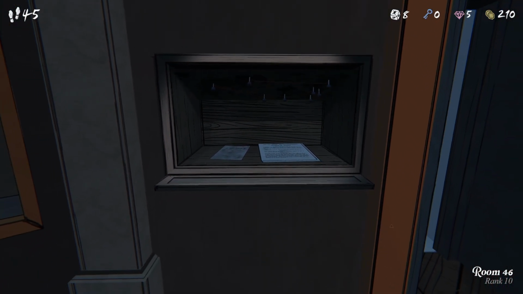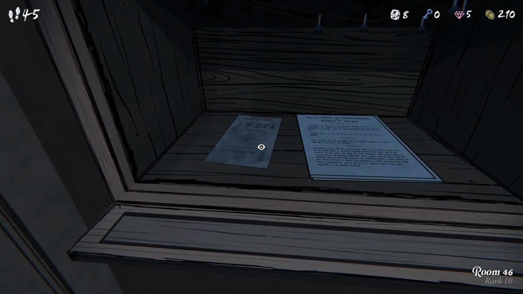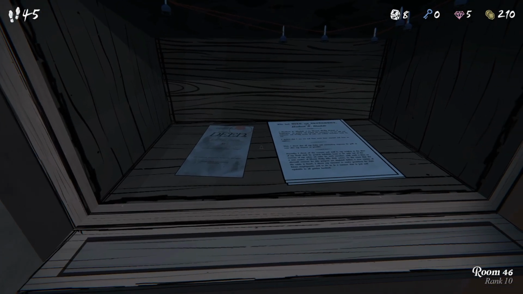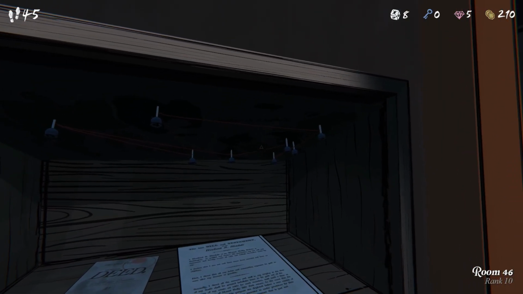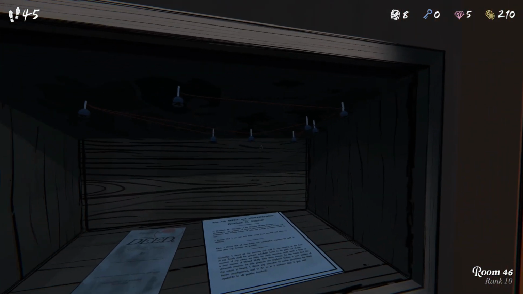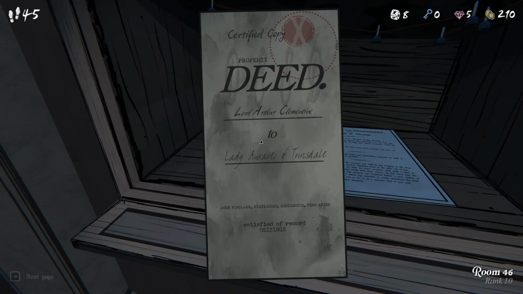Oh, that was right. I was starting to get quite certain of it by the end, because it sort of made sense that he'd go to the closest places first before going elsewhere. Anyway, let me see. Certified copy, property deed. Lord Arthur Clementine to Lady Oave of Trinsdale.